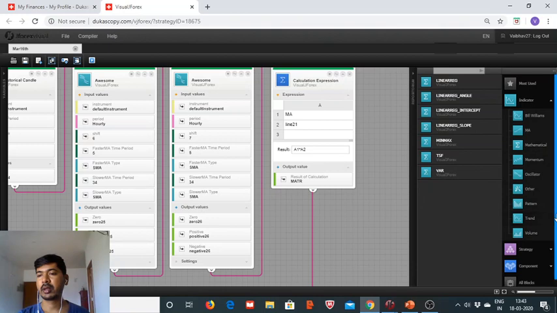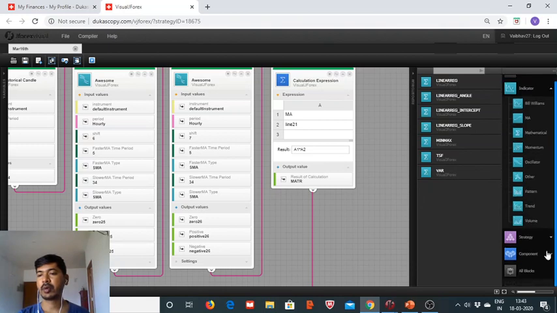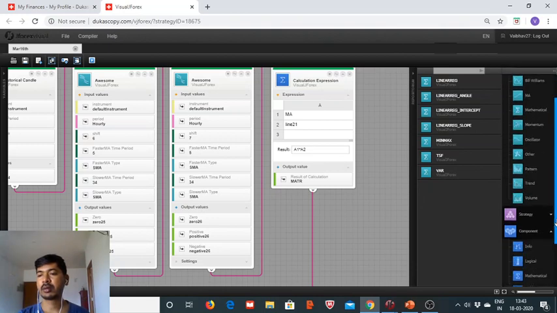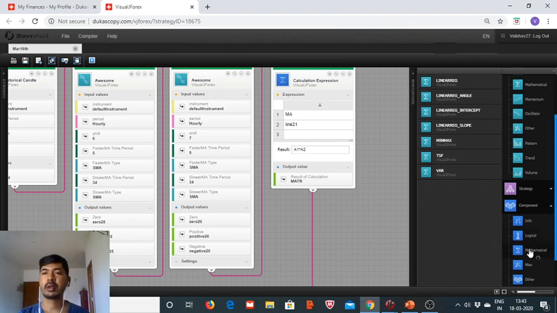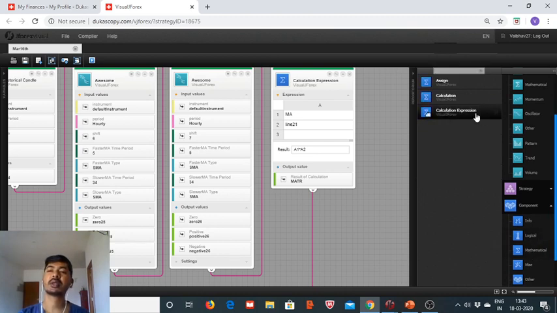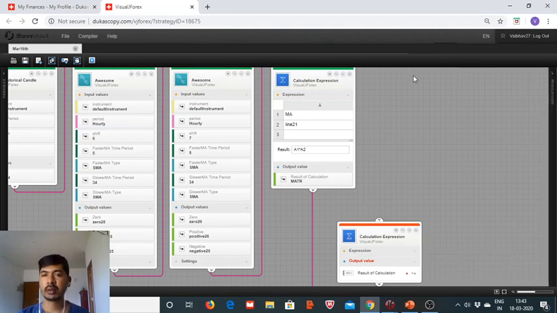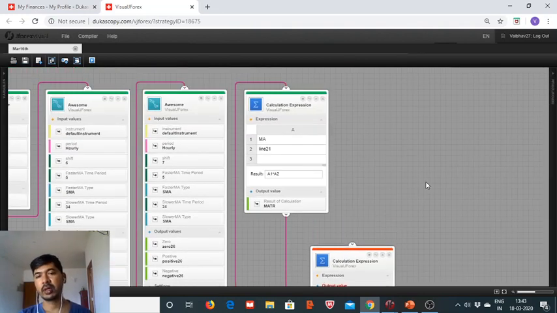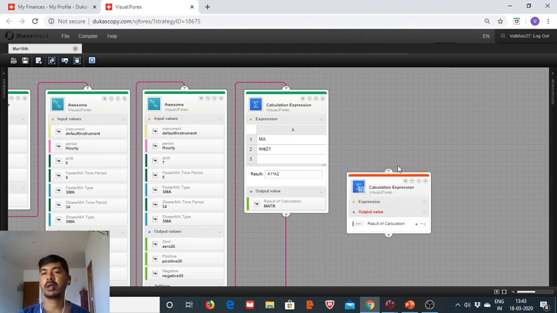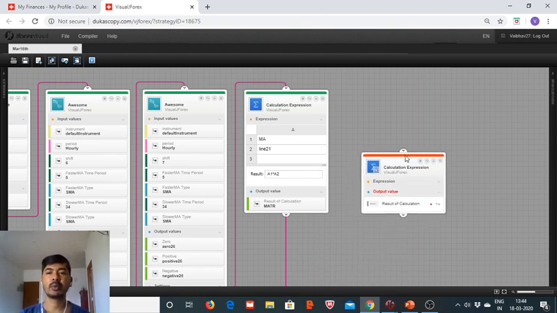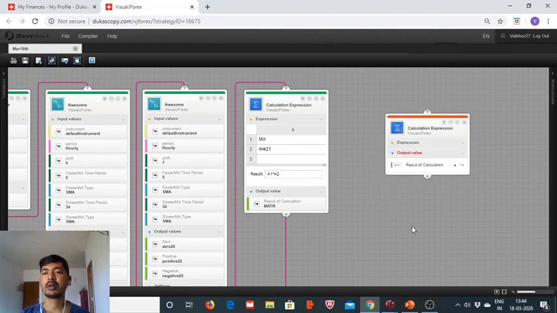Indicator and the components, and here comes the calculation expression. We want the range to be good enough for any trading activity, and we will simply put in 30%, and that should be good enough.